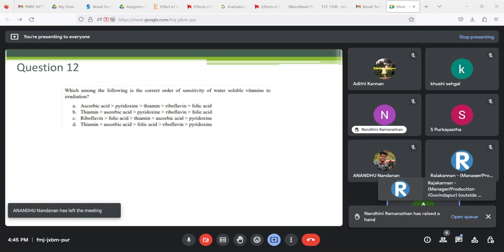So any clue which one is the most sensitive? Okay, so which one is more resistant to irradiation? Water soluble vitamins or fat soluble vitamins?